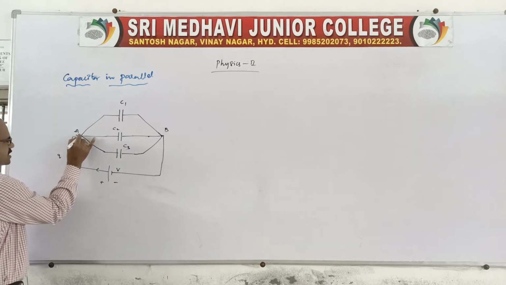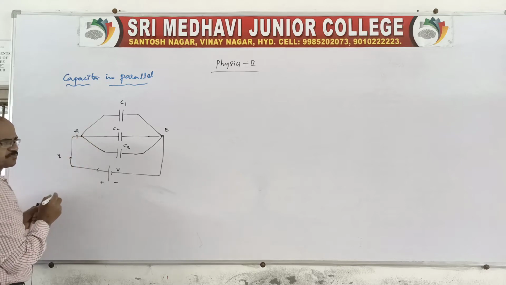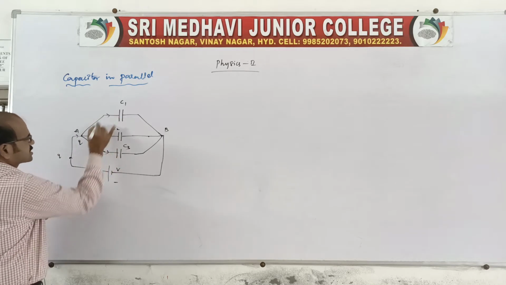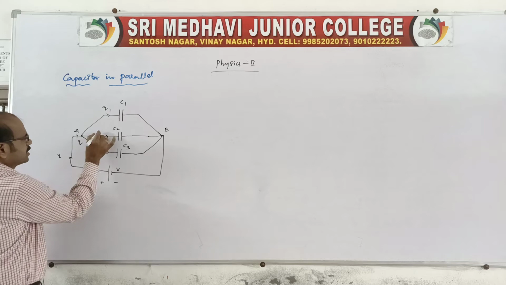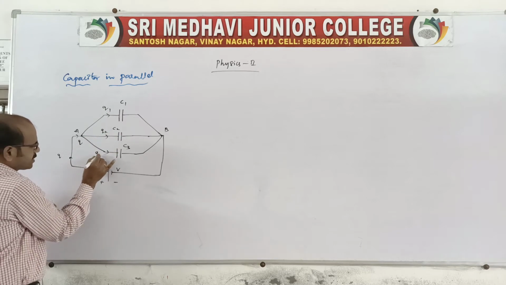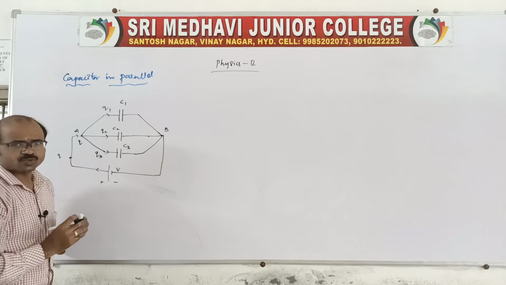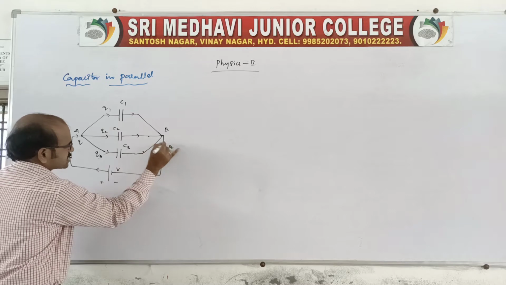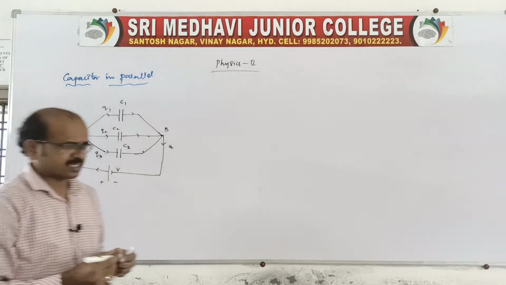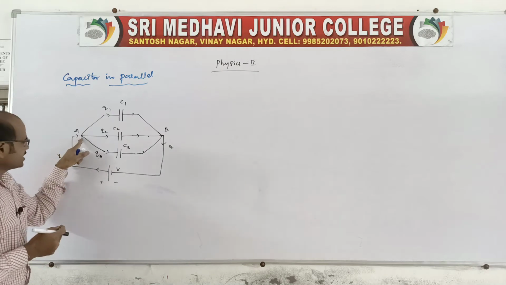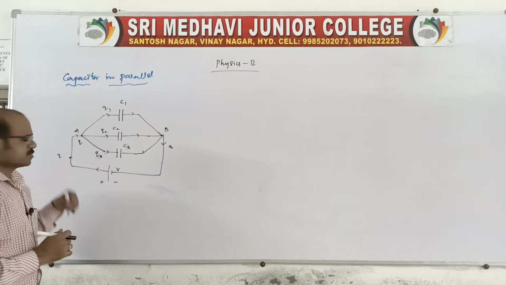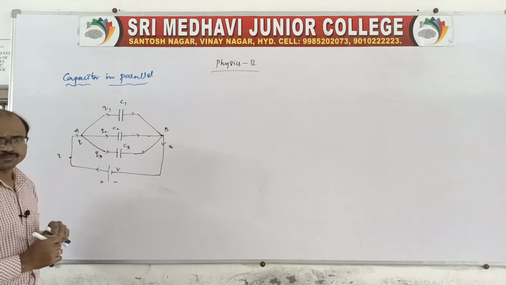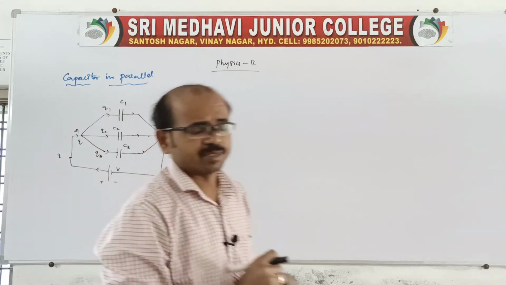When charge enters at junction A, the charge is divided: Q1 through the first capacitor, Q2 through the second, Q3 through the third, Q4 through the fourth, and so on. It then flows through the closed circuit, and whatever charge enters at A leaves the same. Suppose 5 coulomb of charge enters, the same charge comes out. This combination we call a parallel combination.